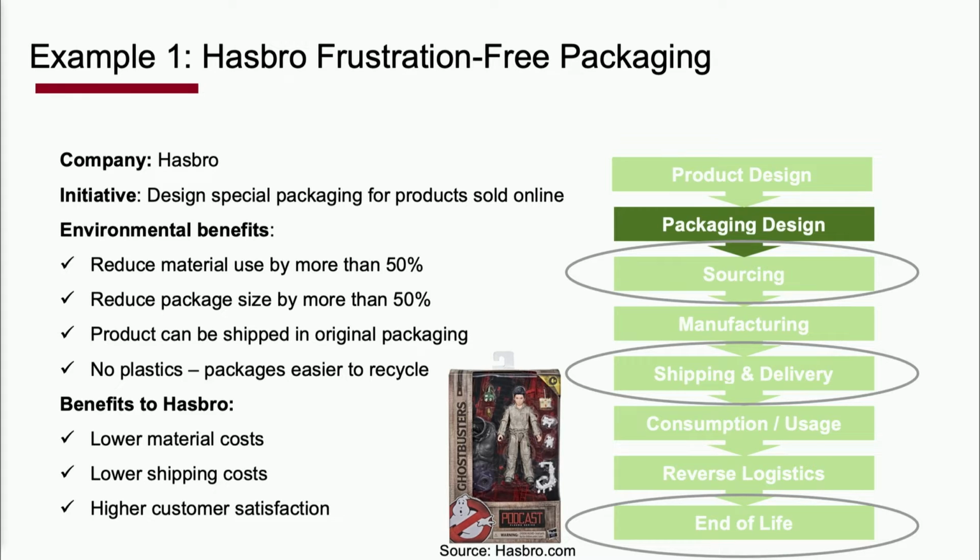One, because you don't need this extra shipping box, and also because of the smaller dimensions, it takes less space in the delivery truck, and the shipping prices are based partly, at least, on the dimensions of the packaging. And finally, there is also higher customer satisfaction because those packagings are much easier to open compared to the more traditional ones.